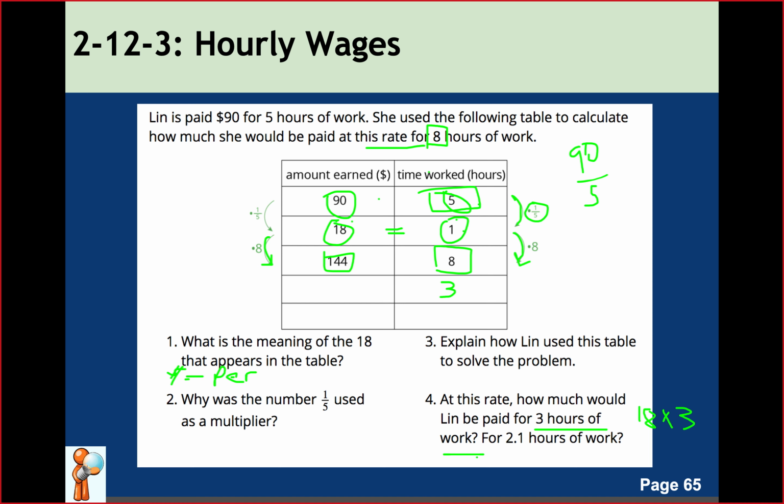Jaden and Zoe are helping you out in the chat box if you're stuck. Write it in the chat. All right, sounds good. So Jaden and Zoe are both saying $54. That is also what I got when I multiplied 3 times 18.